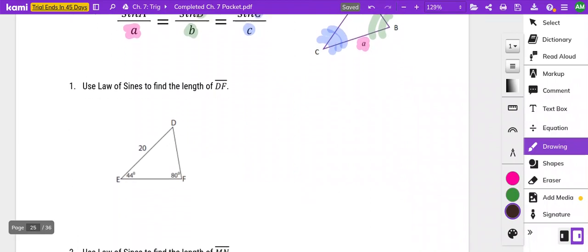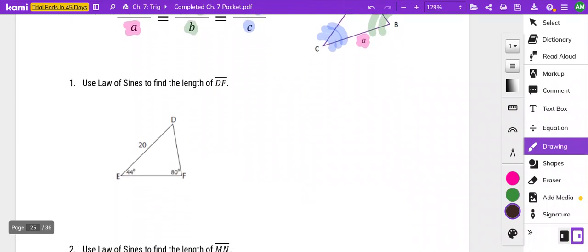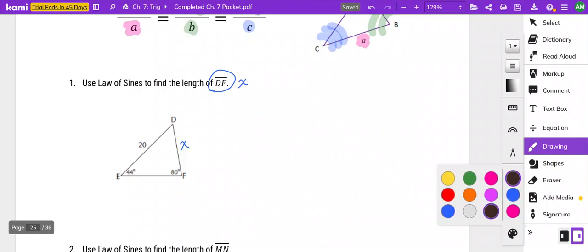So now we're going to use law of sines to find the length of DF. So here, if I'm looking to find DF, I'm going to put an X here. And I'm going to look at my triangle. So here's how we set up law of sines. We always start with sine of an angle.